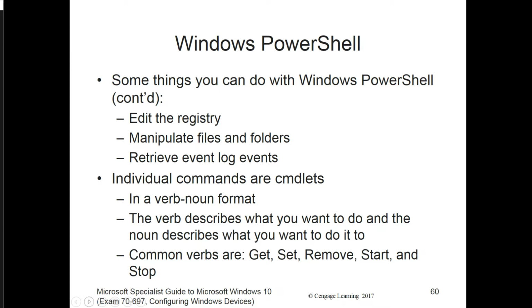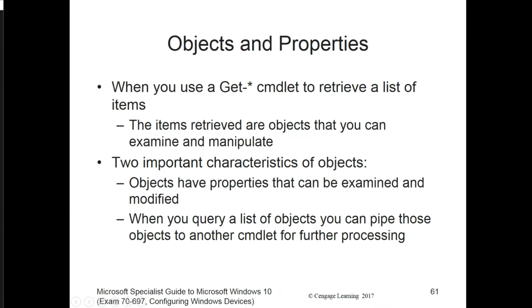Now the nouns could be something like a list of permissions. There's so many things that we can get when it comes to nouns. All right. The items that are retrieved by a get are the objects you can examine and manipulate. If I did get dash and then use the asterisk, it'll give me a list of items.